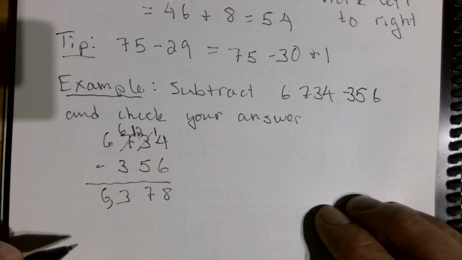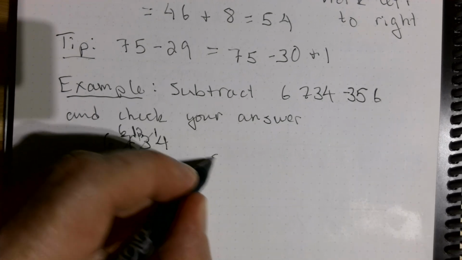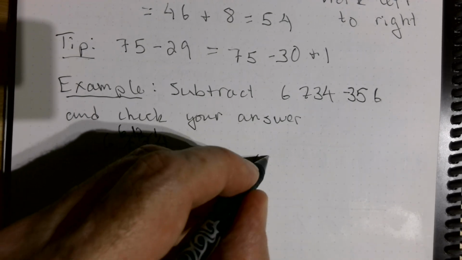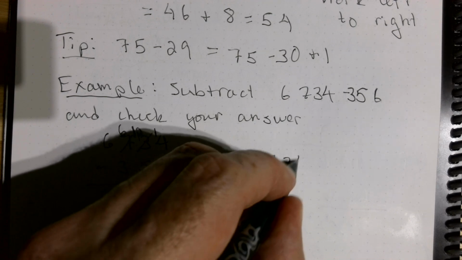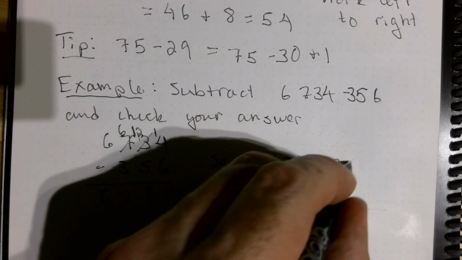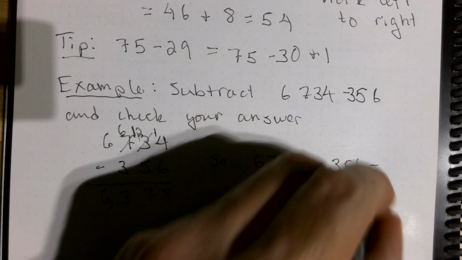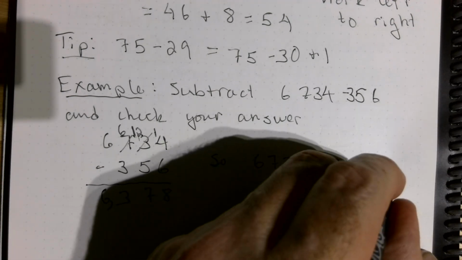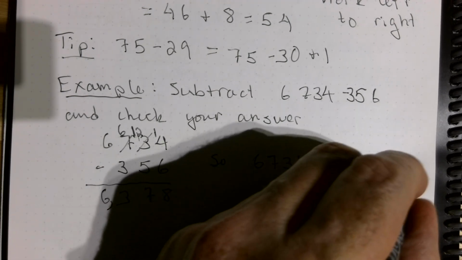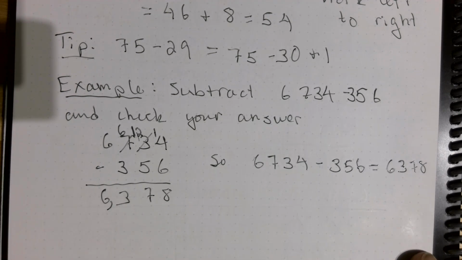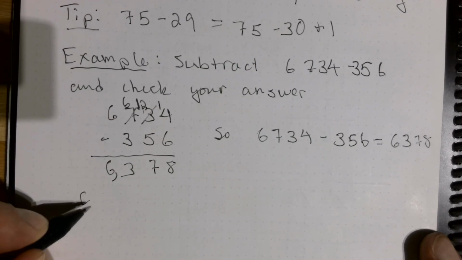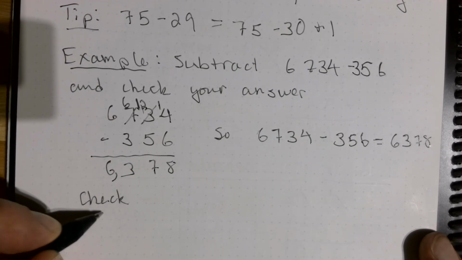And then I've got a 6. So what we're saying is that 6,734 minus 356 is equal to 6,378.